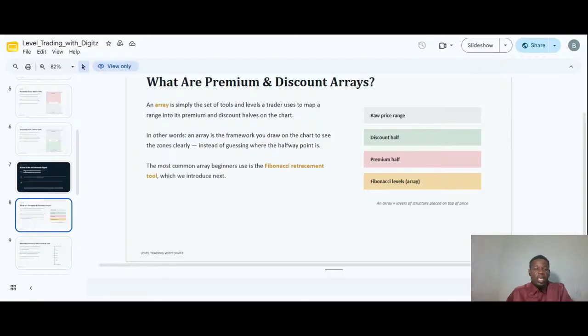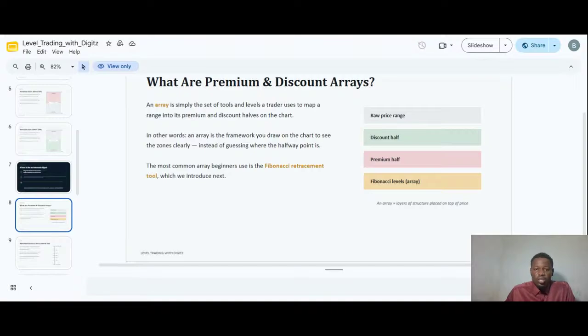Now, an array is simply a set of tools, premium and discount arrays. I told you this lesson is basically for your premium and discount zone, and we are merging it with the Fibonacci retracement tool. Basically, an array is a set of tools and levels a trader uses to map a range into its premium and discount. Then there is the framework you use to draw.